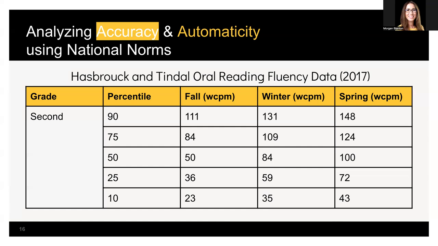And then if you look down at the 10th percentile here, this is saying that about 90% of second graders have a more accurate and more automatic reading rate than these students. And so these students are reading approximately 23 words correct per minute in the fall, in the winter 35, and then in the spring 43.